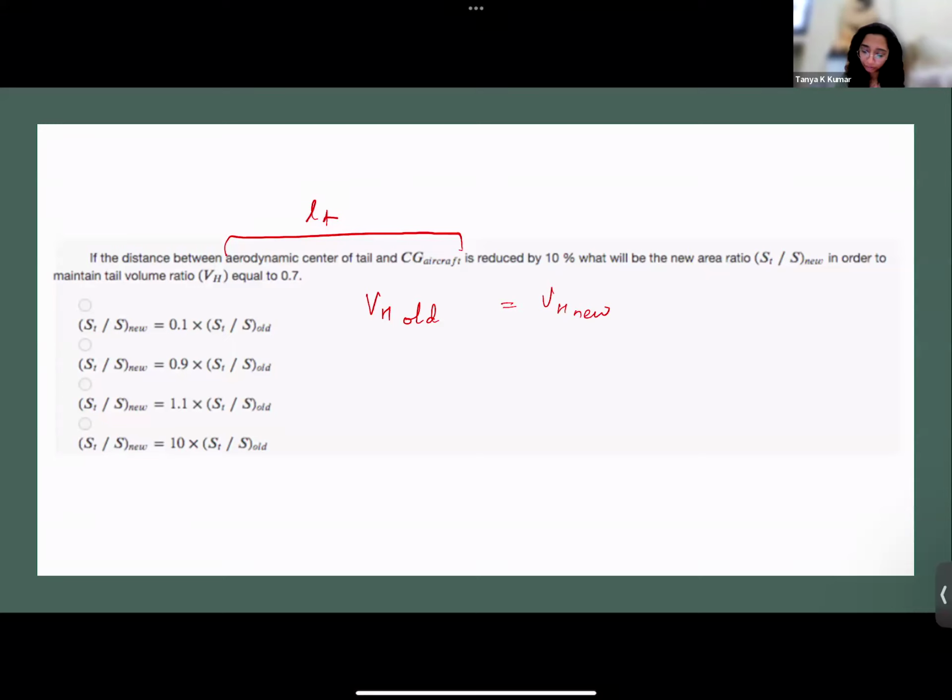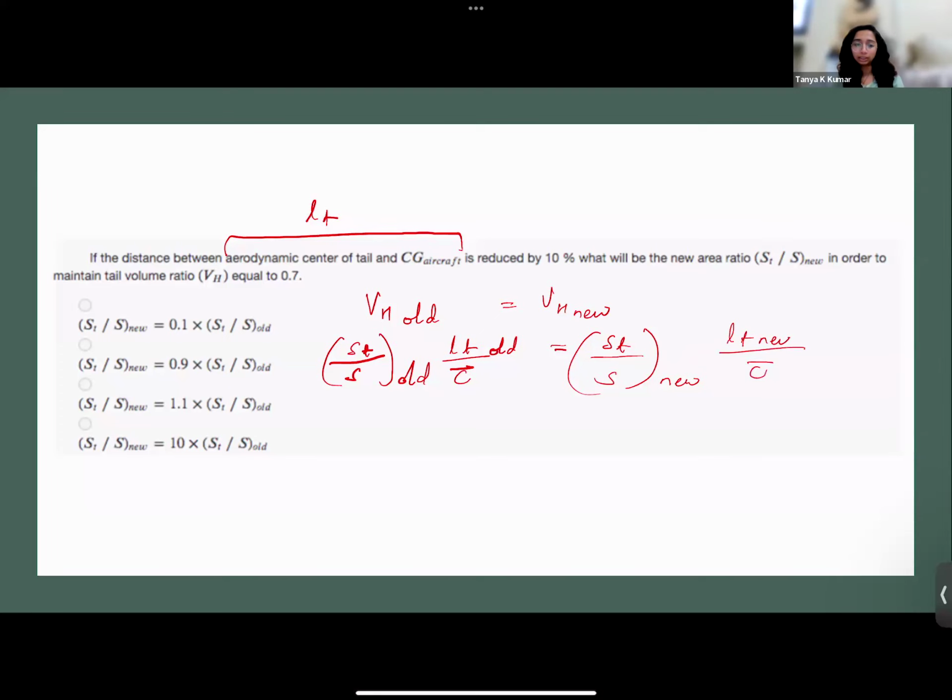So I'll just solve it. VH, what was the formula? ST upon S, this is old, so we have old ST upon S, LT upon C bar, and LT is also old, is equal to ST upon S new, LT new by C bar. Now, LT new is, what is it?